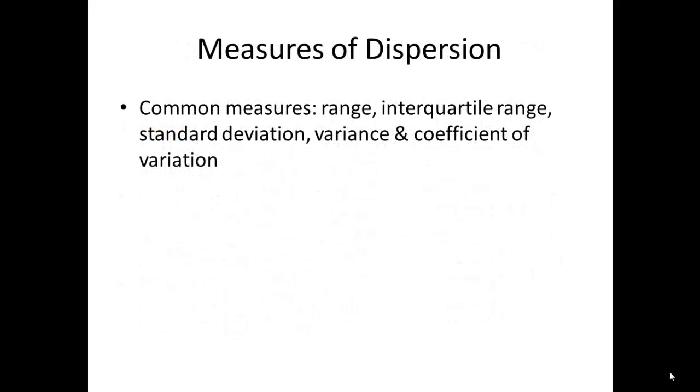Next, I'm going to talk about the measures of dispersion. Some of the common measures include the range, the interquartile range or IQR, standard deviation, variance, and coefficient of variation, or CV for short.